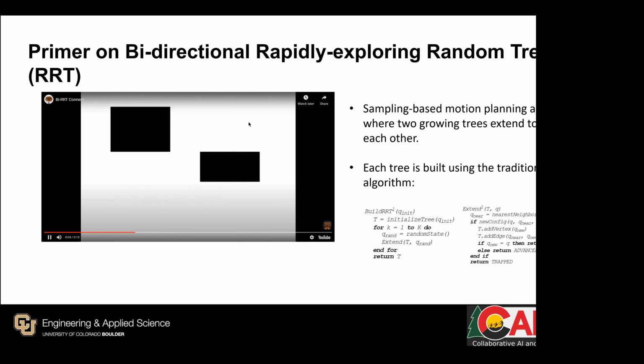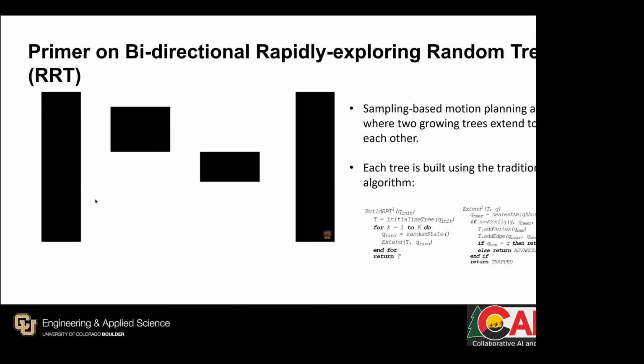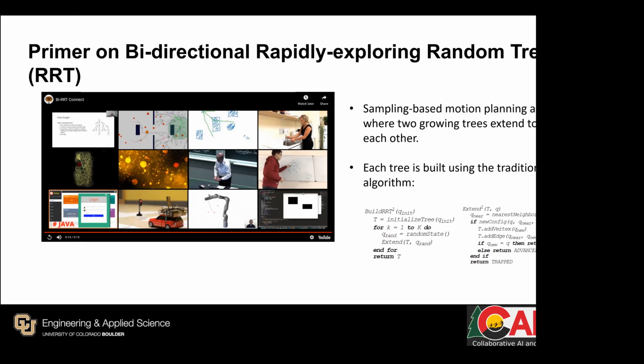As you can see in this video, you have a goal and start location, and the algorithm has two generic RRT trees growing towards each other. As soon as there's a feasible connection between those trees, you've solved your motion planning problem. You've discovered a path from start to goal. The big difference in the constrained motion planning step is this extend function and the notion of what it means to add a new point into your tree.